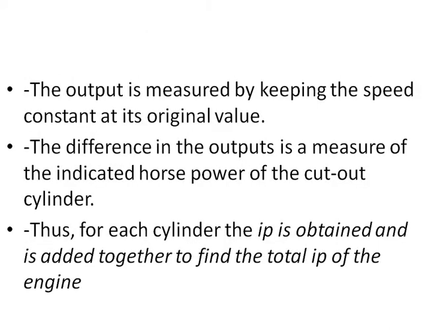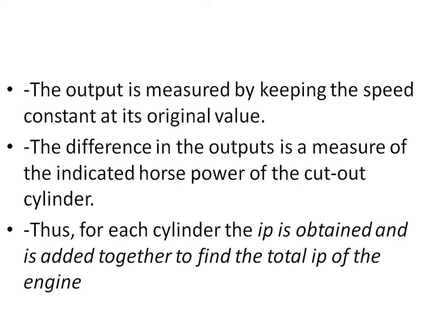Then the output is measured by keeping the speed constant at its original value. The difference in the output is the indicated power of the cutoff cylinder. That is, initially we get the total output of the 4 cylinders. Then we cut off the first cylinder. Then we get the indicated power of the rest, cylinders 2, 3, and 4.